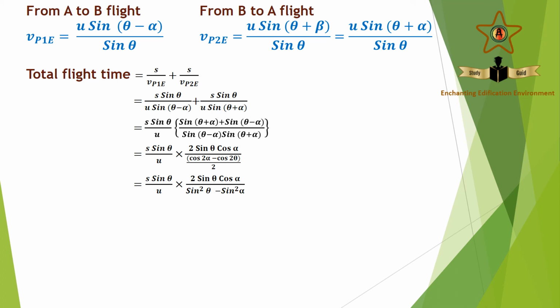So cos 2 theta is 1 minus 2 sin squared theta. Cos 2 alpha is going to be 1 minus 2 sin squared alpha. When you simplify that, the denominator becomes sin squared theta minus sin squared alpha. Now we can substitute for cos alpha as well as sin squared alpha.